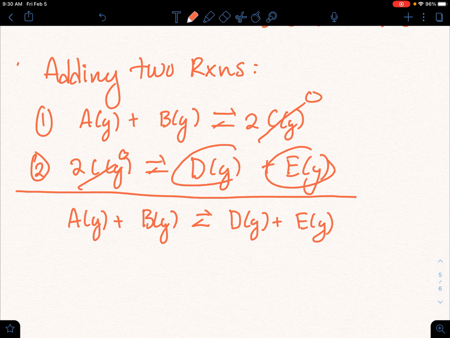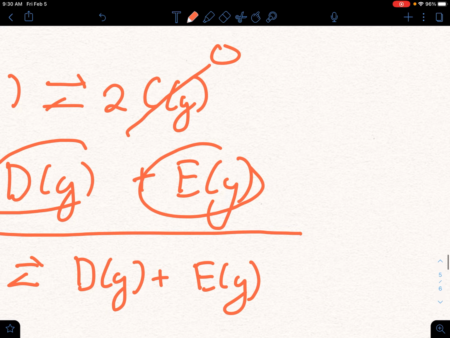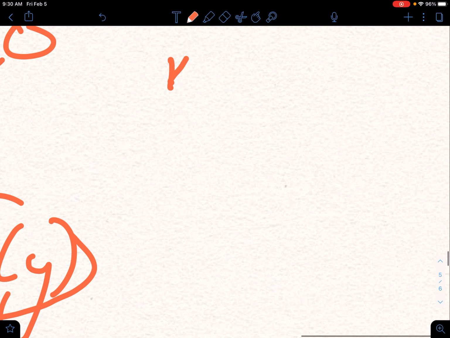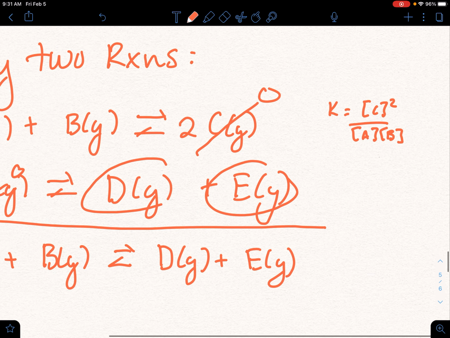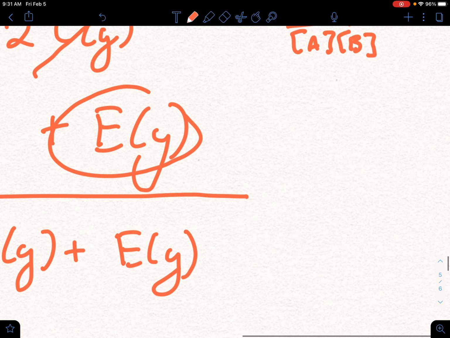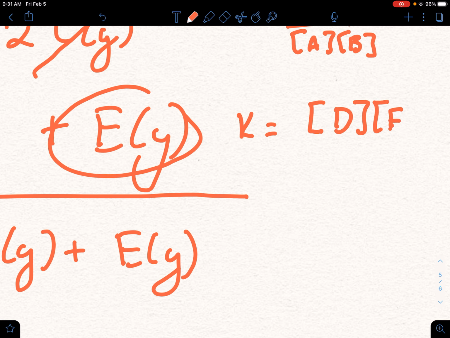All of them. So for the first one, you can write it as K equals C squared over AB. That has its own K equation. For the second one, we also have something similar. We have K equals D times E over C squared, right?